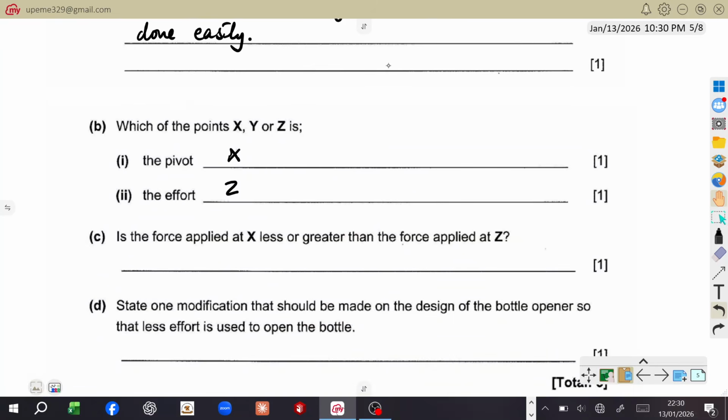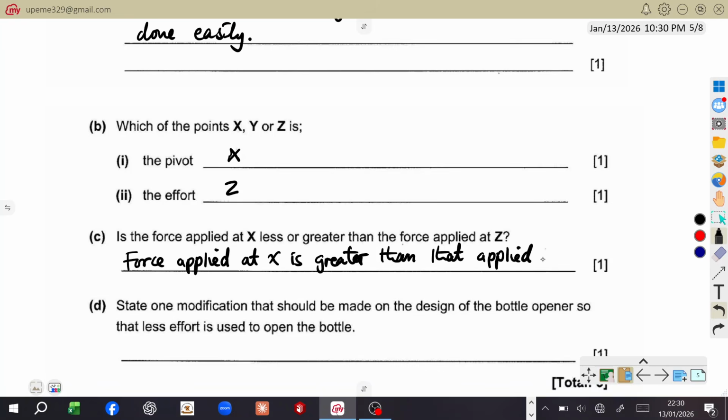Okay, so we say the force applied at x is greater than that applied at z.